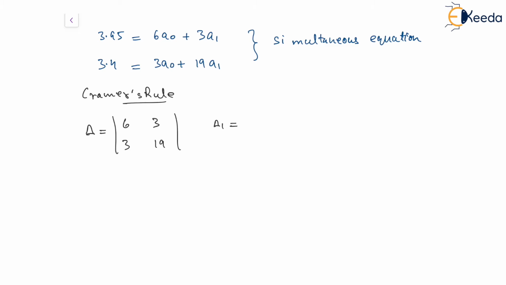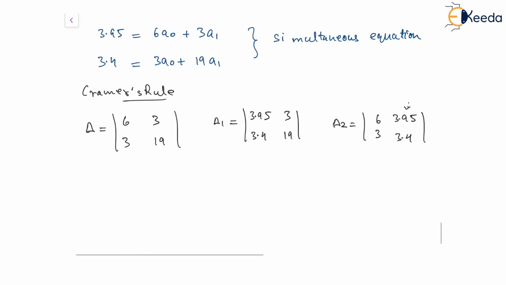Del 1 will be 3.95, 3.4, 3 and 19, and del 2 will be 6, 3, 3.95 and 3.4. So del 1 is obtained by replacing column 1 with the coefficients, and del 2 is obtained by replacing column 2 with the coefficients. In that manner, now we have to calculate del, del 1 and del 2.